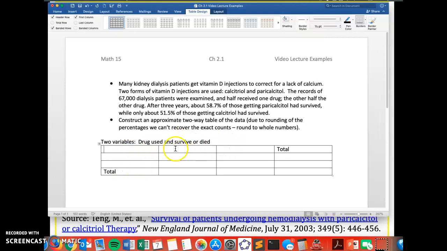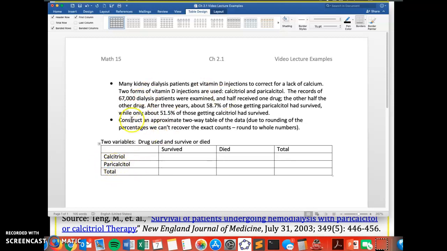And now here I need to put two variables as the columns. You could do either one. I'll use survived and died, as I have in the slides. But you could put survived and died as your rows instead of columns. And then I'm going to put calcitriol as one variable and paracalcitol as another column variable.